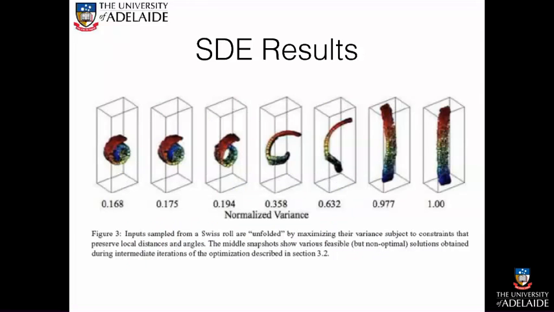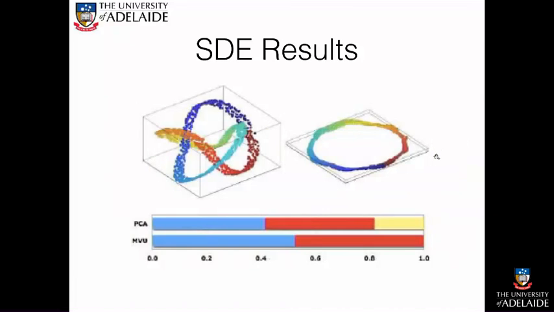So here I just show you some of the results. It's interesting, right? Given such a data set, you can eventually unfold it into 2D in this case. And if you have such a data set, you can basically project it into 2D.